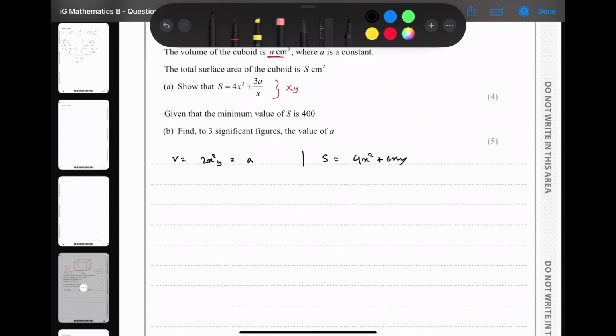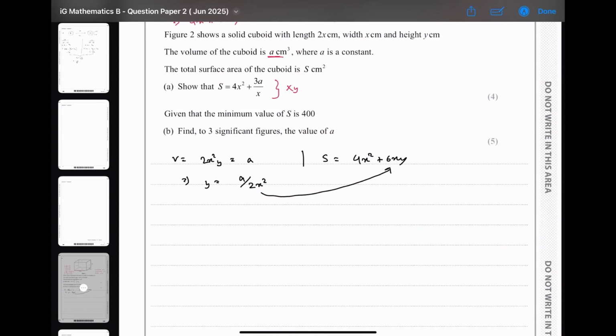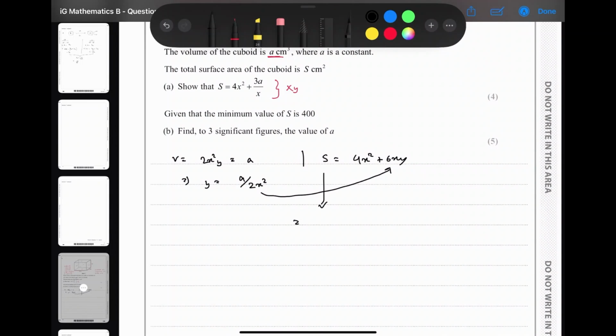As the show expression doesn't include y, we will alter the volume's expression to remove y from our equation of S. Now we will input the y into S's expression and simplify. We are told that minimum value of S is 400.